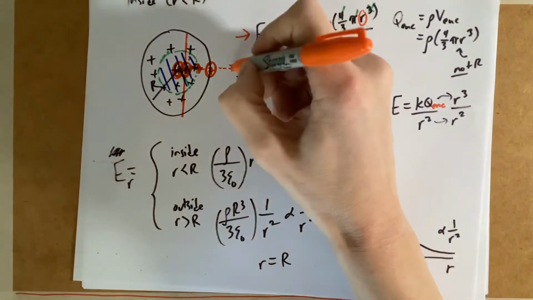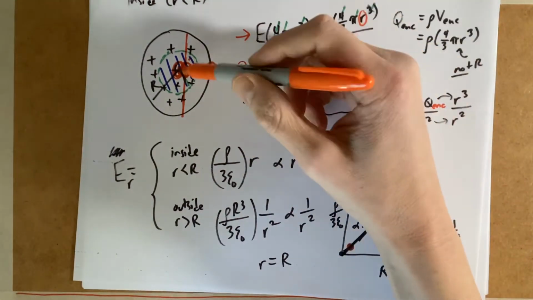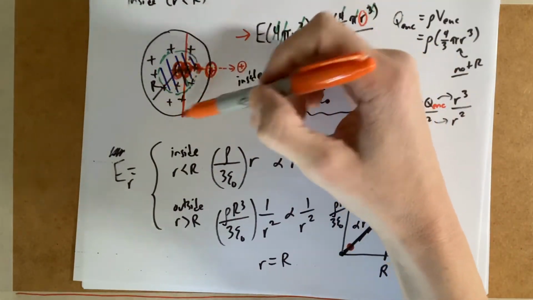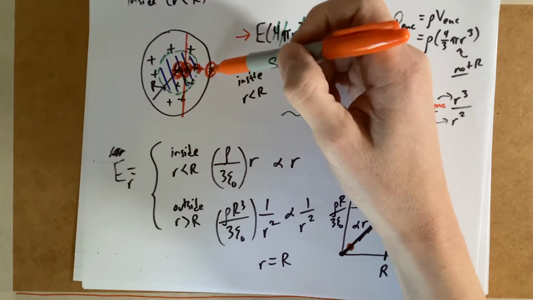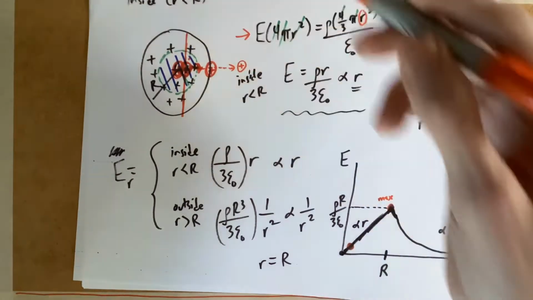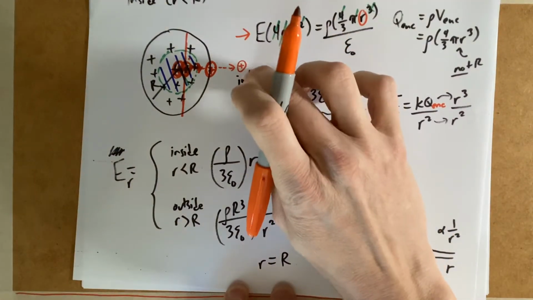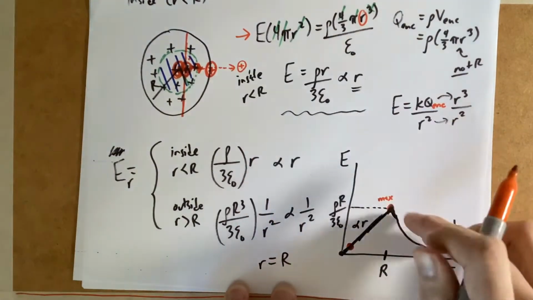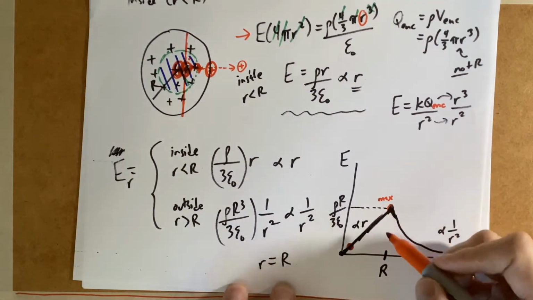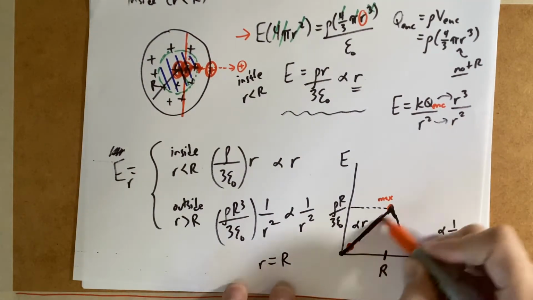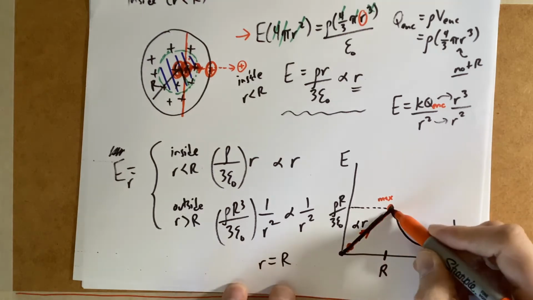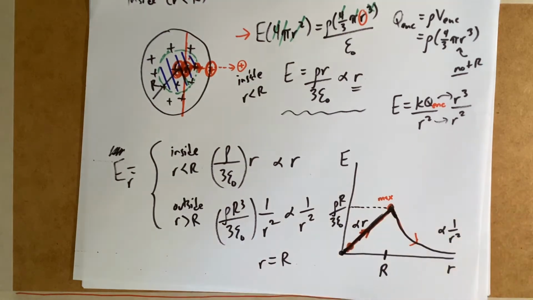And then after that, as you go out, the sphere is still all to one side, but you're starting to put distance between you and the sphere. So at that point, the force on this particle will start to die, and so will the electric field. So that's why, conceptually, it makes sense that the electric field will grow until you get to the surface, and then it will shrink again. So that's a little bit conceptually on why this all makes sense.